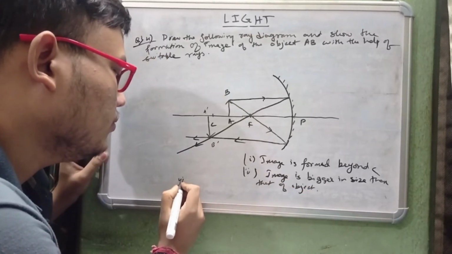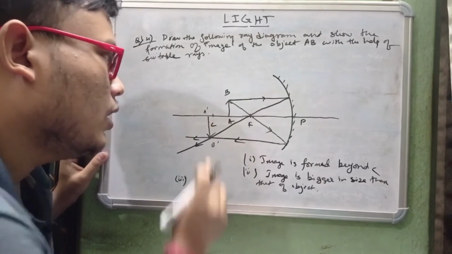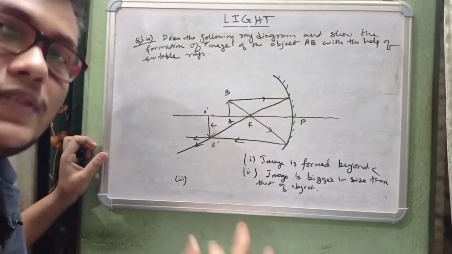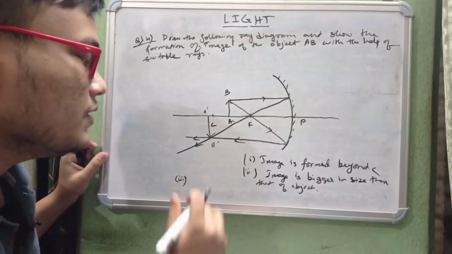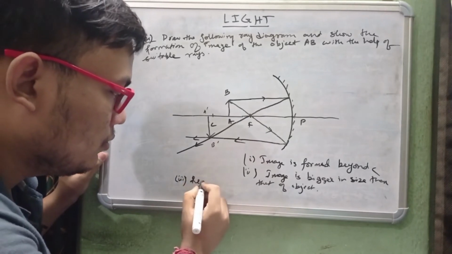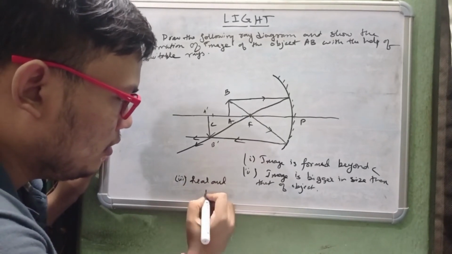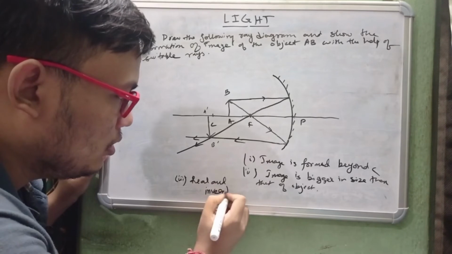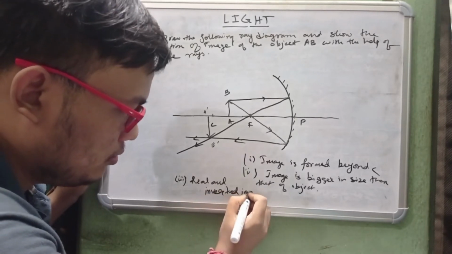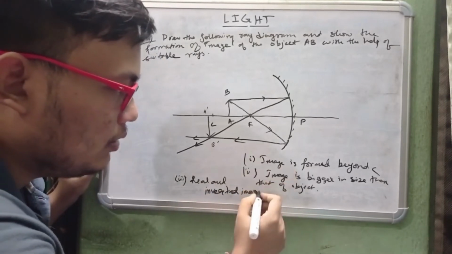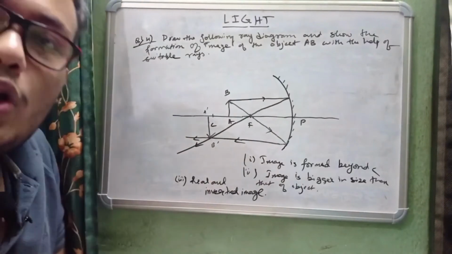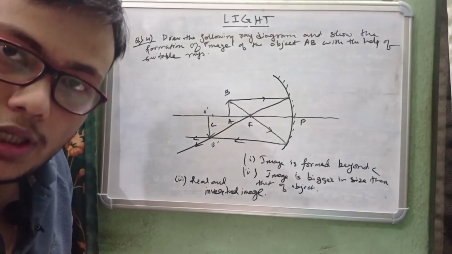And finally it is a real image, as it is found on the same side of the mirror, as well as it is inverted. Real and inverted image, right? So these are the three observations we can conclude, right?